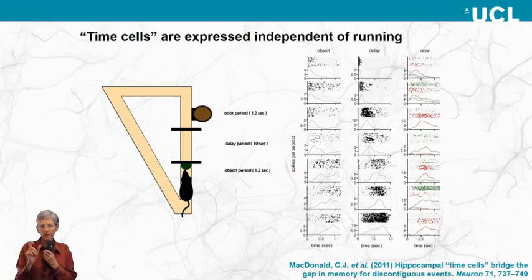So we've taken to calling these periods of time time fields. It's very analogous to place fields, except occurring in time. And they have certain properties that are similar to place fields. For example, if you change the context, then the time cells remap. If you expand or compress the waiting time, then the fields expand or compress as well.